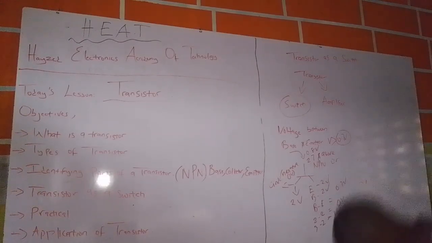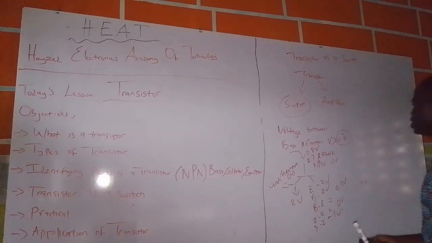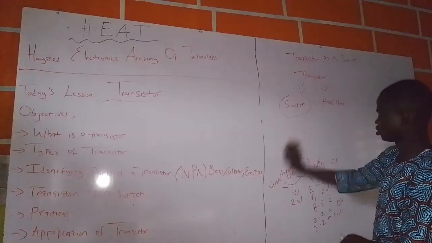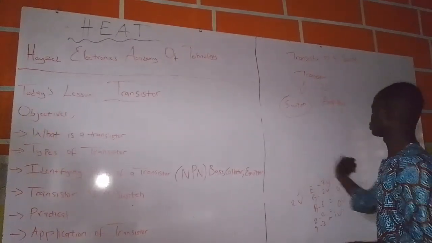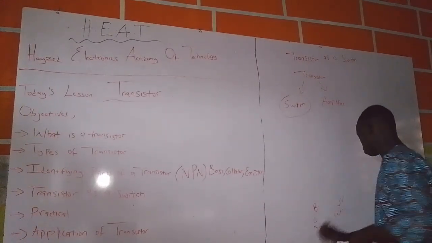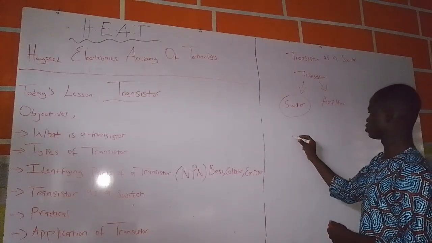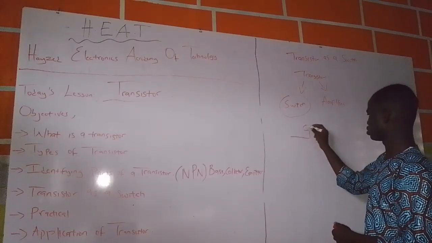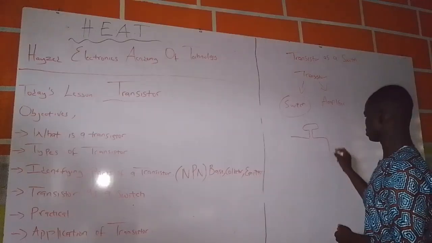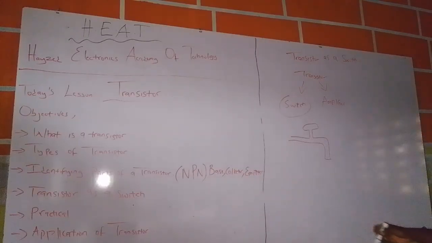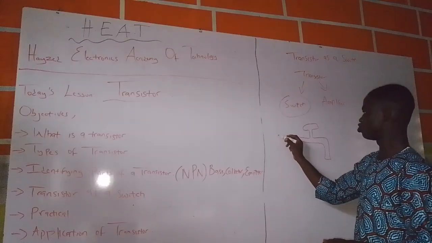But now, a BJT transistor is like your tap. When I mean tap, it's just like your tap in your house. Let's say this is how your tap is, something like this. Water is flowing inside.